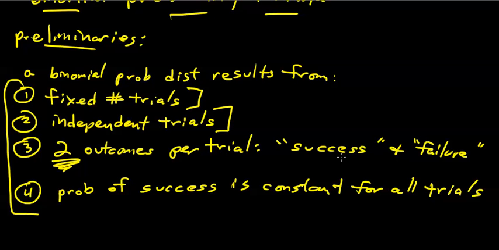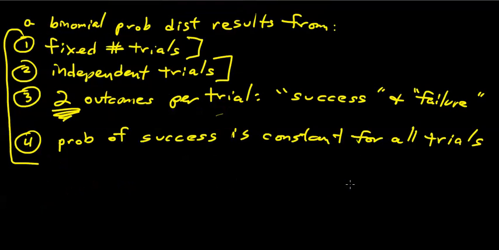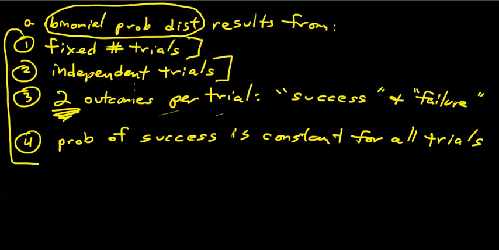You've got 2 outcomes per trial, typically boy and girl, and the probability of success is constant for all trials. And again, that's implied with the assumption that boys, girls equally likely in any trial. If you satisfy these four conditions, you've got a binomial probability distribution, and the bi in binomial comes from these 2 outcomes per trial, success or failure.